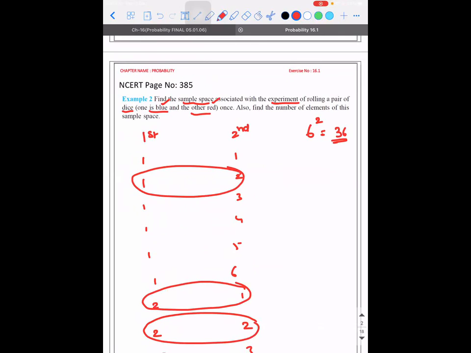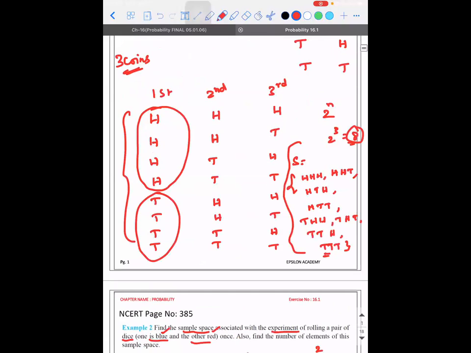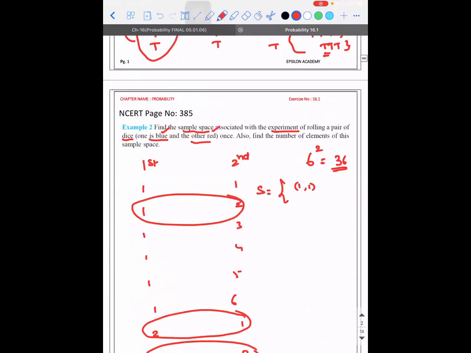Moreover, they are two separate dice. So what is going to be the sample space, guys? 1, 1. See, try to understand the difference. Here I wrote H without a comma, whereas here I am writing 1, 1 in a bracket because this is an ordered pair. 1, 1, 1, 2, 1, 3, 1, 4.